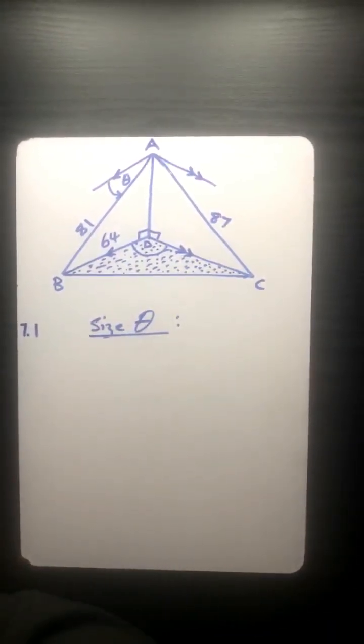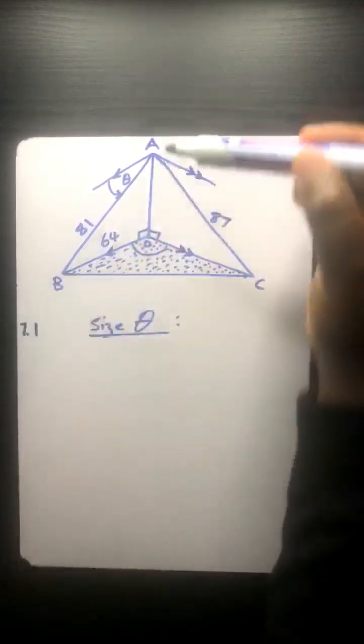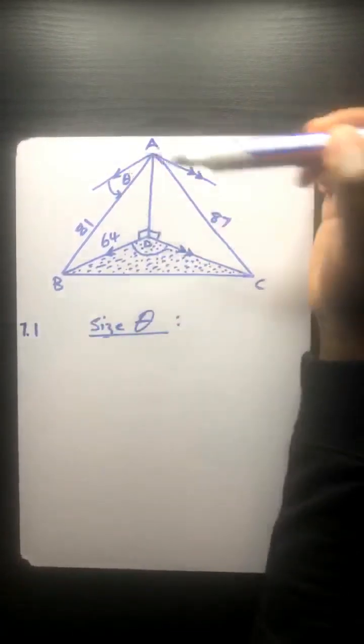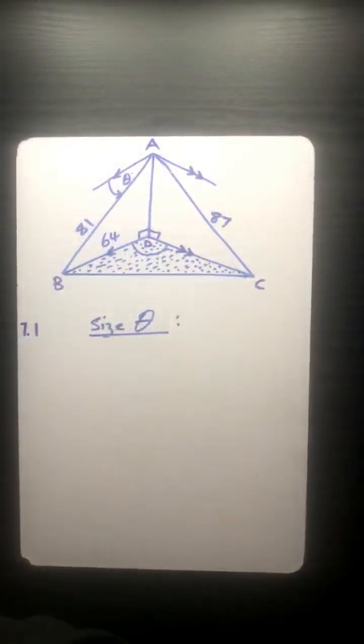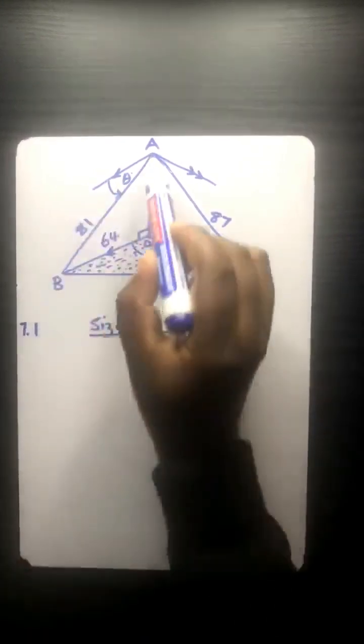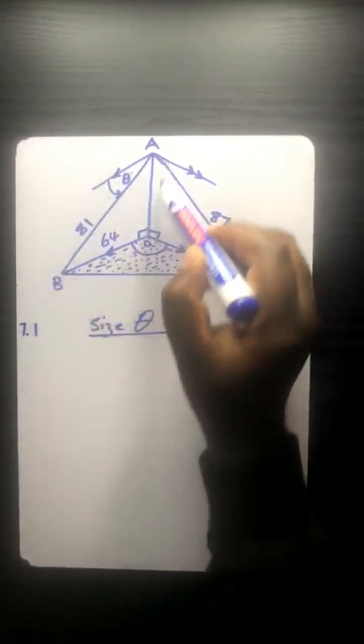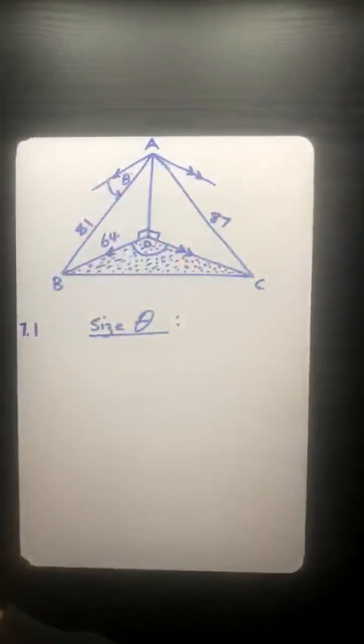The first thing you need to do is check exactly where theta is. Can you see where theta is? This is where we have theta, which means this is where you need to concentrate in order to perform a calculation.